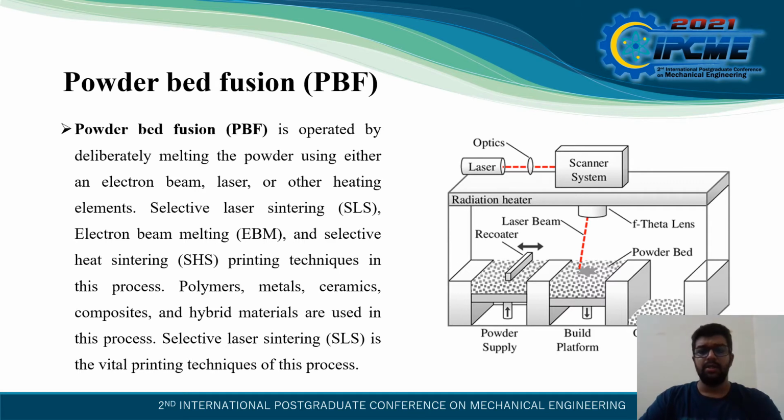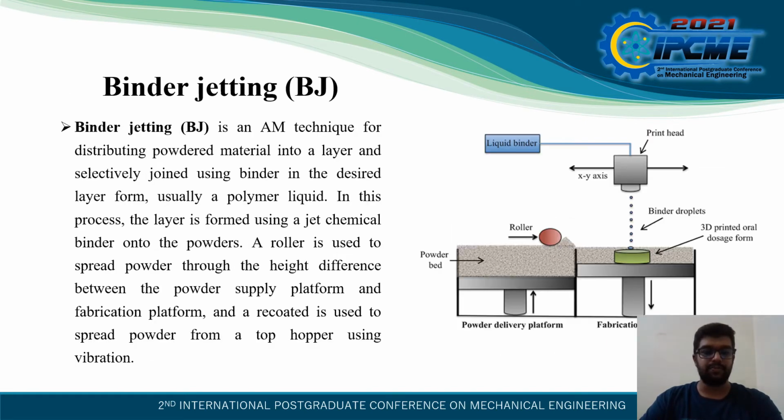Here the main power source is a laser. By using the laser, the production process happens because of the heat used in the machines. And this is a bi-directional processing.